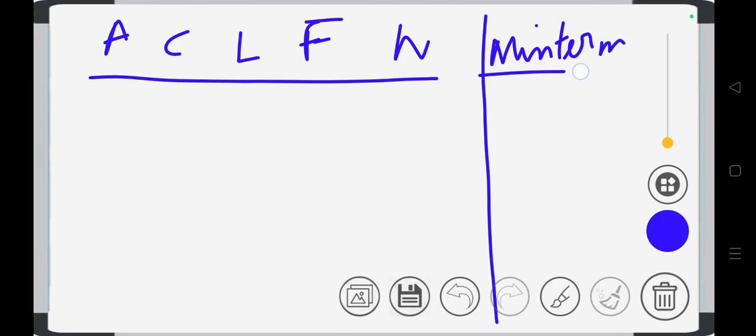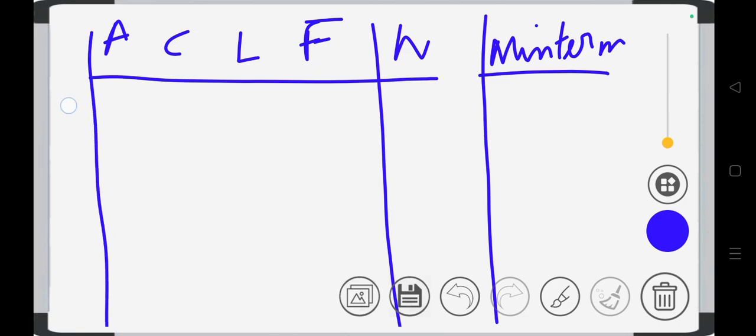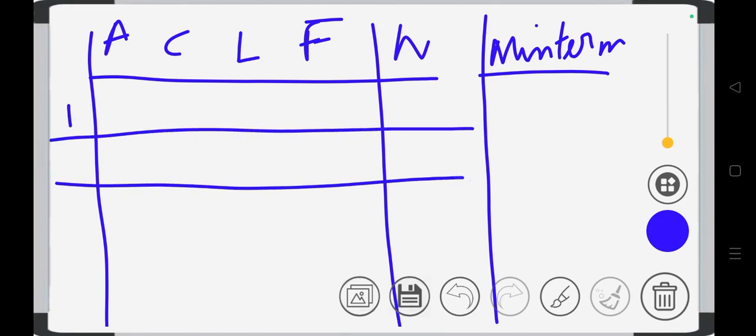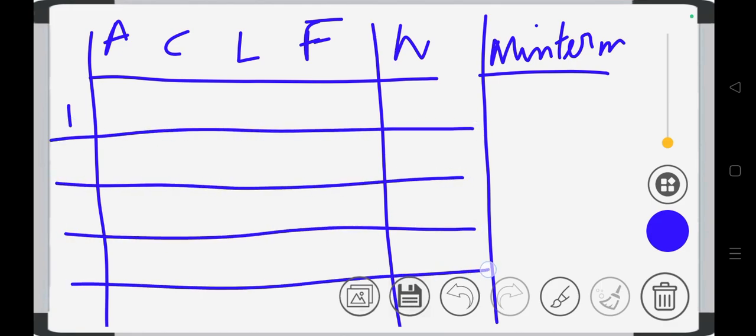Add a min-terms column to your truth table. I will just write down for the values that I got as 1, where I got the answer as yes. So for the first one I got yes, second one, the third one, then I got yes for the fifth one, and for the seventh one.